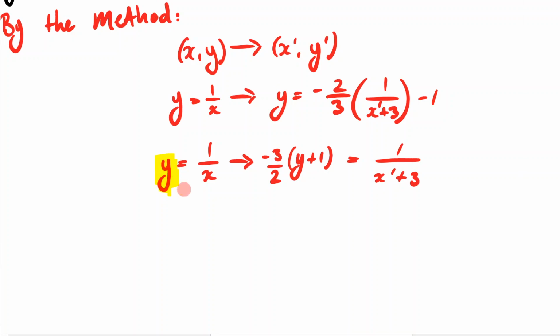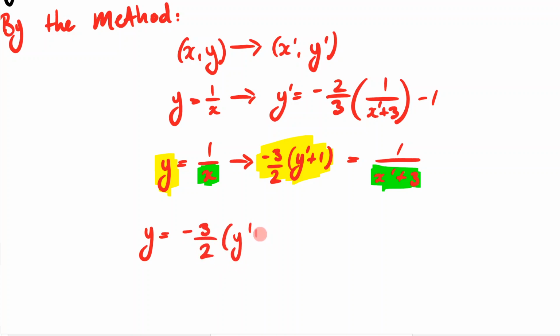So this y is going to be equated with this. Make sure you got those dashes. And then I'm going to have x being equal to that. So I'm going to get y is equal to negative 3 on 2, y dash plus 1, and x is equal to x dash plus 3.